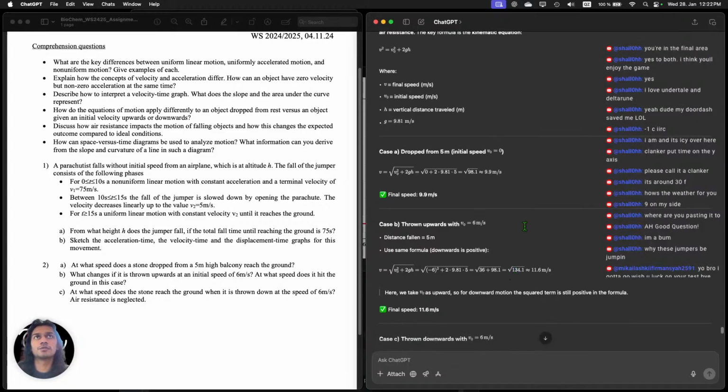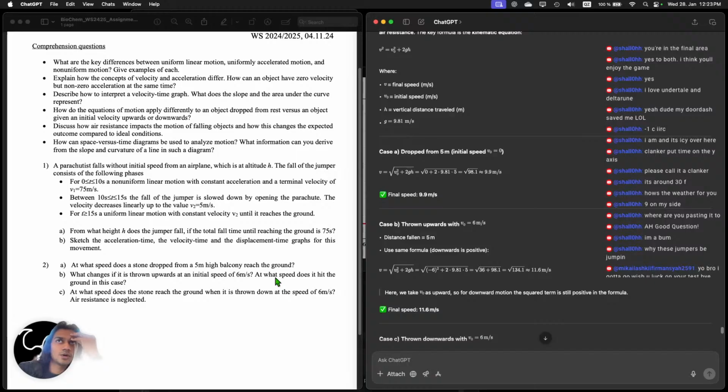Thrown upwards with v0 6 meter per second, distance fallen equals 5 meters. Oh, it's the same distance. Initial velocity 6, upwards, well, I don't know the time. What speed does it hit the ground in this case?